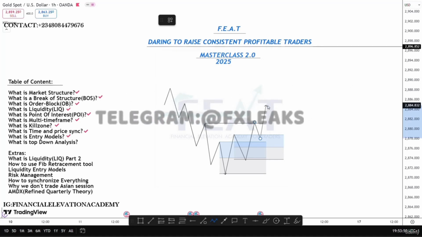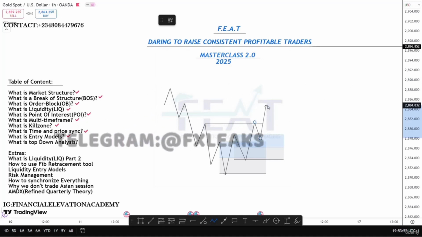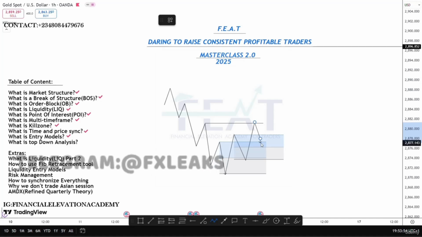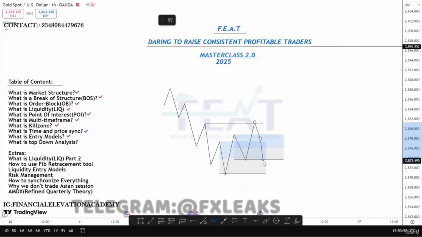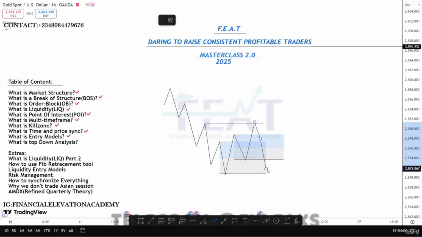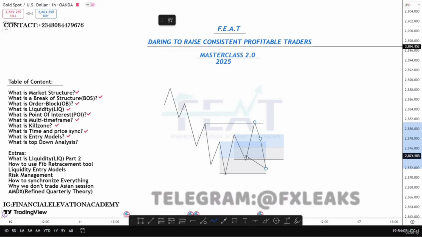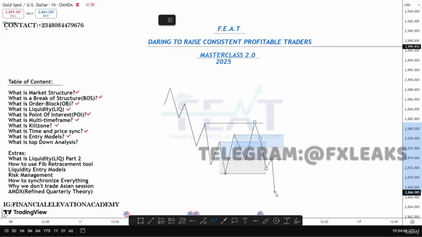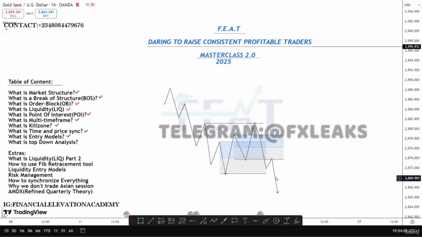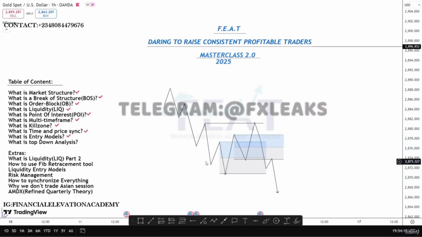Yeah, this could happen, or price could just go further down and do a new sell break of structure on the monthly, retest this previous level and create a lower low. Yes, because if you look at it on the monthly, we have overall bearish.